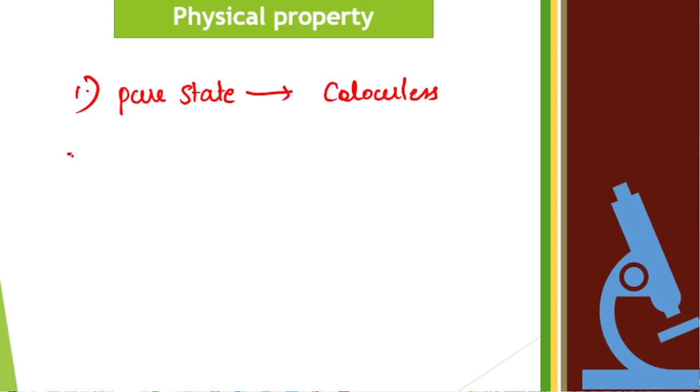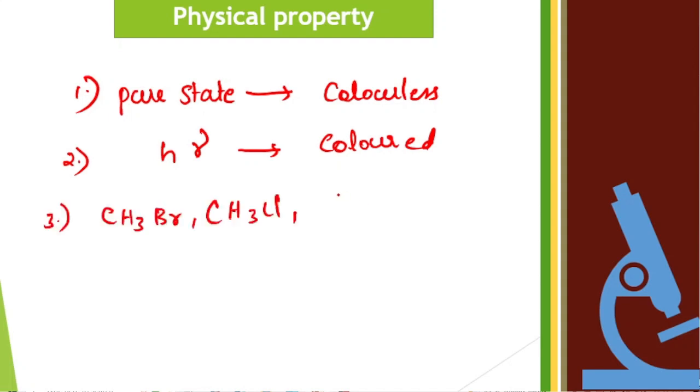Next, second one, if it is exposed to light (hν), that is, kept under the sunlight, then it will be colored. Then if you have CH3Br, CH3Cl, C2H5Br, these are all gases.